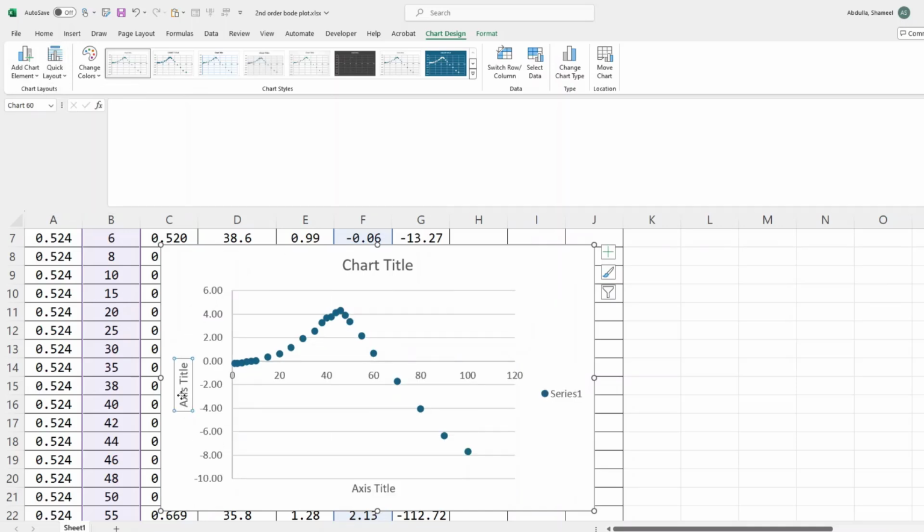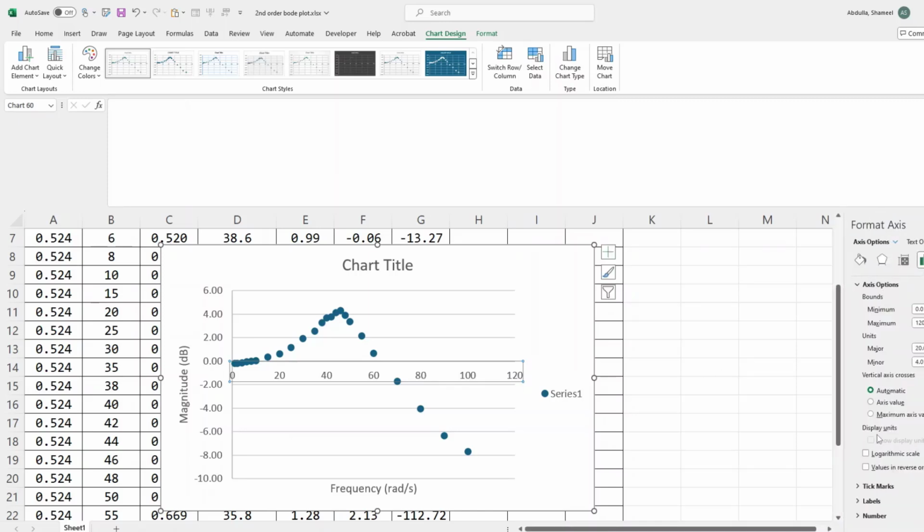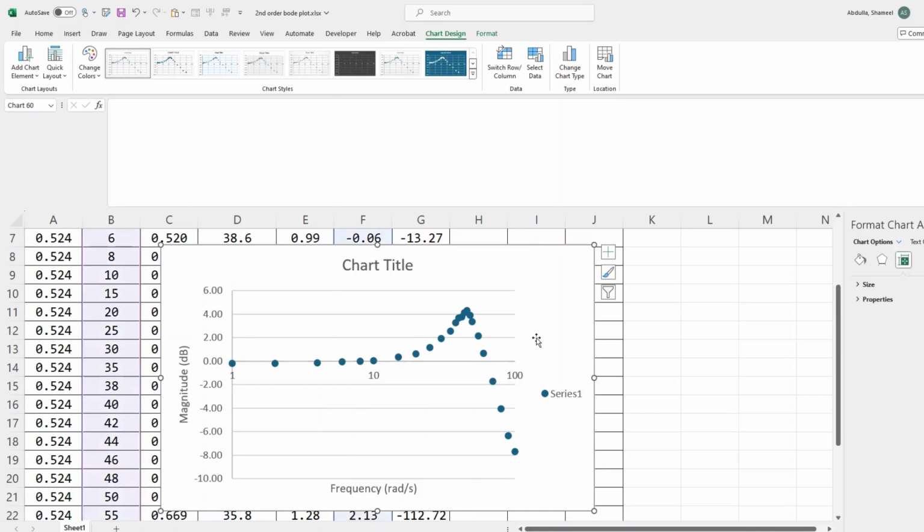This would be our magnitude in dB, and this is our frequency in radians per second. Now this is not exactly a proper Bode plot because you should have the x-axis in a log scale. So double click on your x-axis, and you can change the property here to make it a logarithmic scale. Okay, better. And this is the data that we collected.